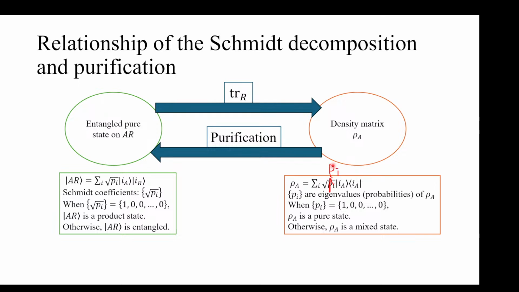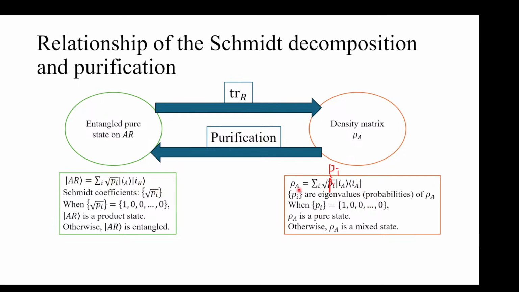We see that the entangled pure state can always be written in the Schmidt decomposition, that's a summation over I of square root of p_i |i⟩_A |i⟩_R. And correspondingly, we have a reduced density matrix using the same p_i and the same |i⟩_A, that's the summation over I of p_i |i⟩⟨i|_A. So you see that those two forms have a close relationship. And here we have the Schmidt coefficient, that's the square root of p_i.